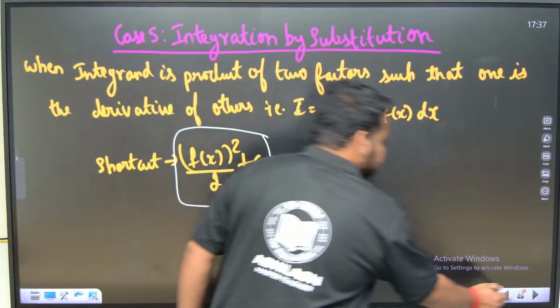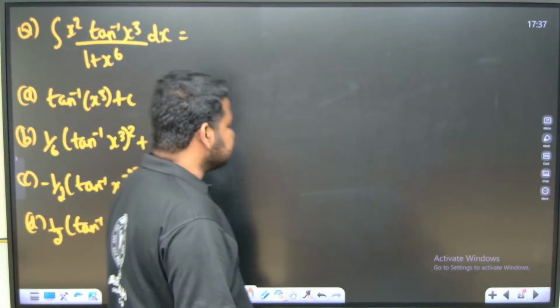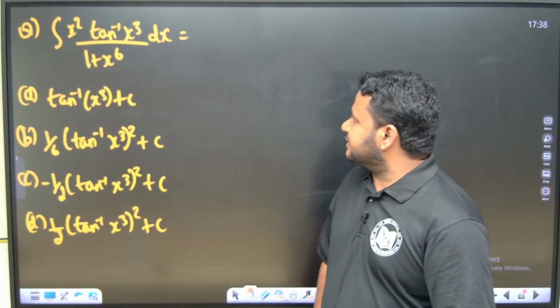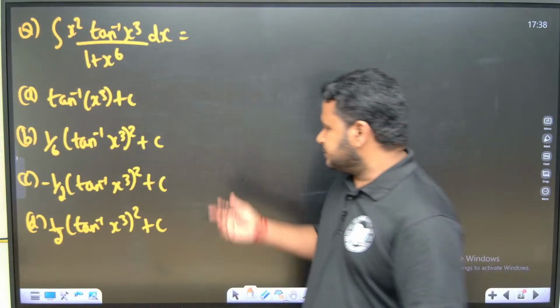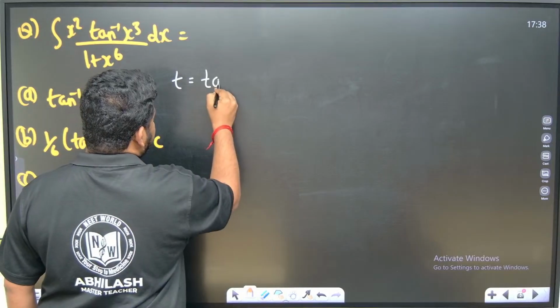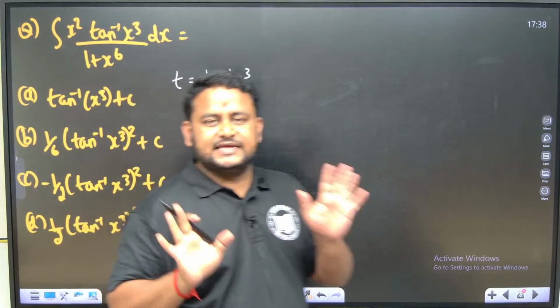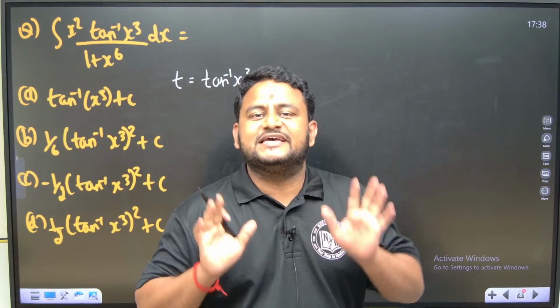Let us see some questions based on this. Here the question is given as the integral of x square tan inverse of x cube by 1 plus x to the power of 6 dx. Always keep it in mind, in any question, if there is an inverse trigonometric function, please take that as t.